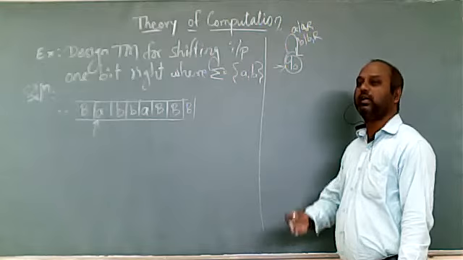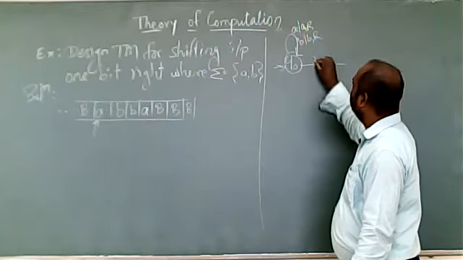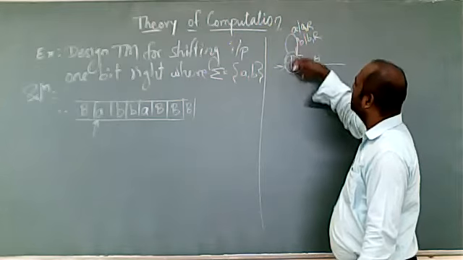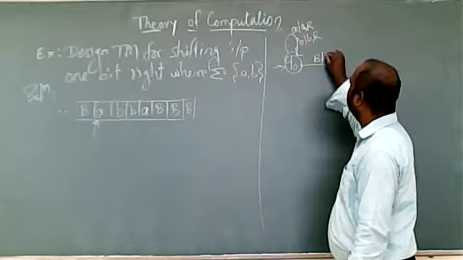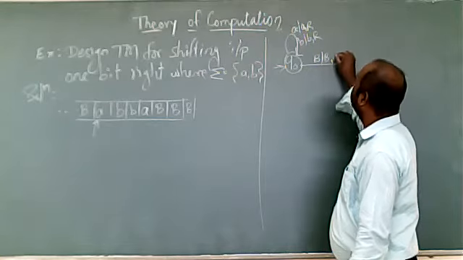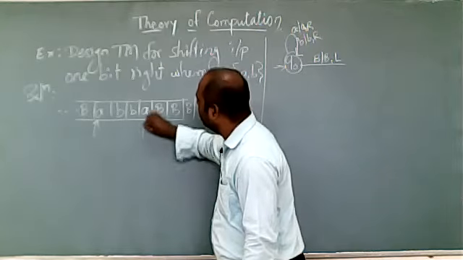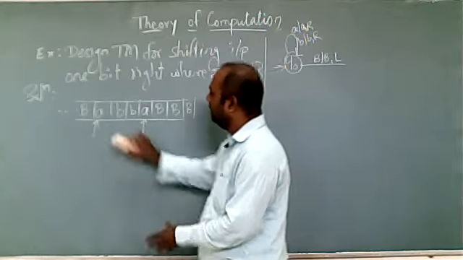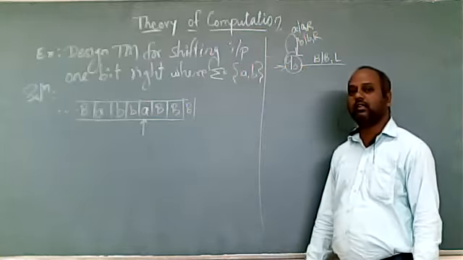Now, how will we understand that we have reached the end? If we get blank after skipping all the A's and B's, then blank as it is and the direction will be left. So the head will be at the last alphabet.